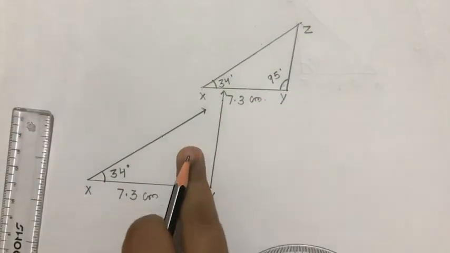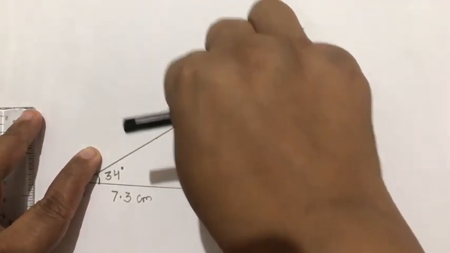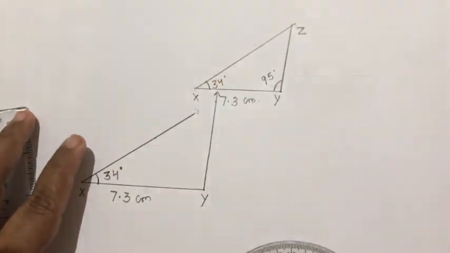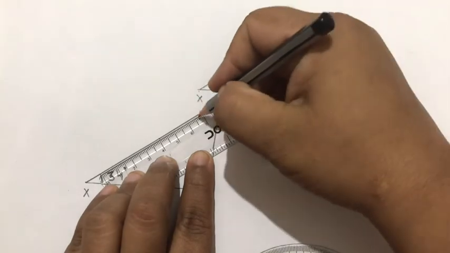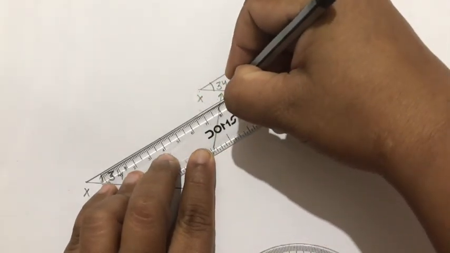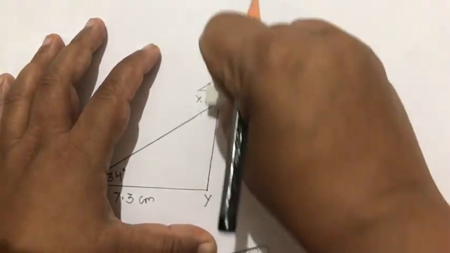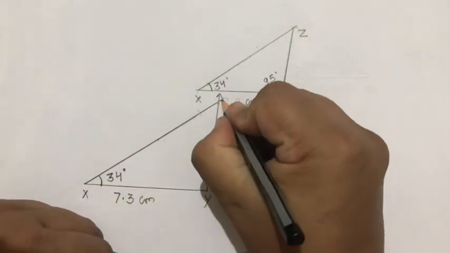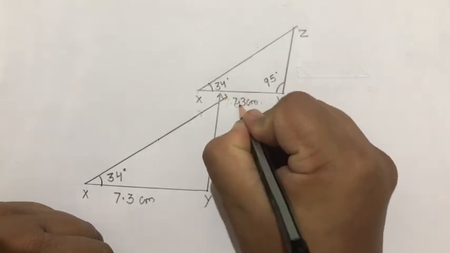Now since this ray is not intersecting, you have to extend this ray a little bit. This is 7.3.